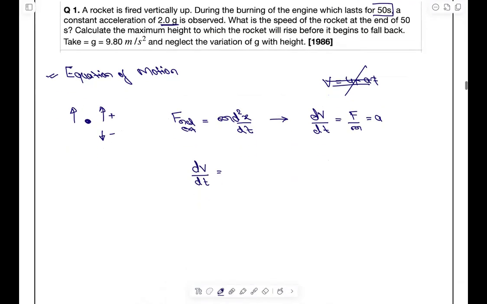If you will see for this rocket, what will happen? This is where it will start and it will go till height, let's say h1. And till now, the acceleration is 2g given, and this 2g is upward.